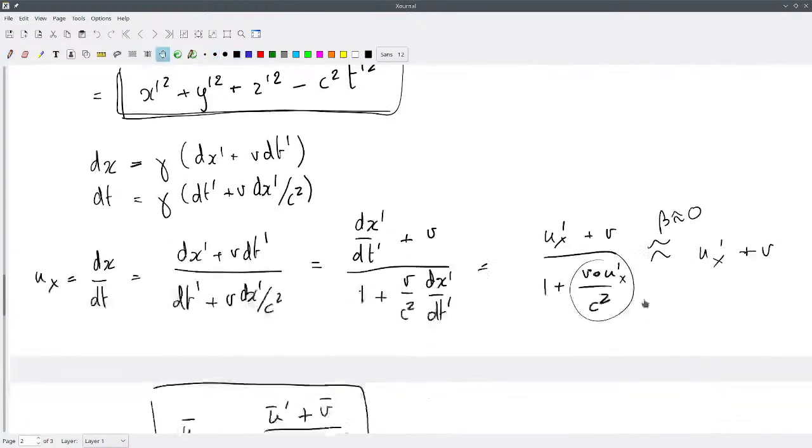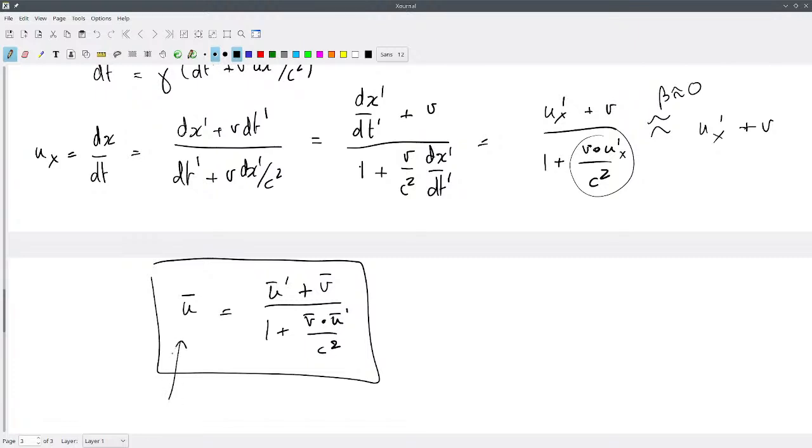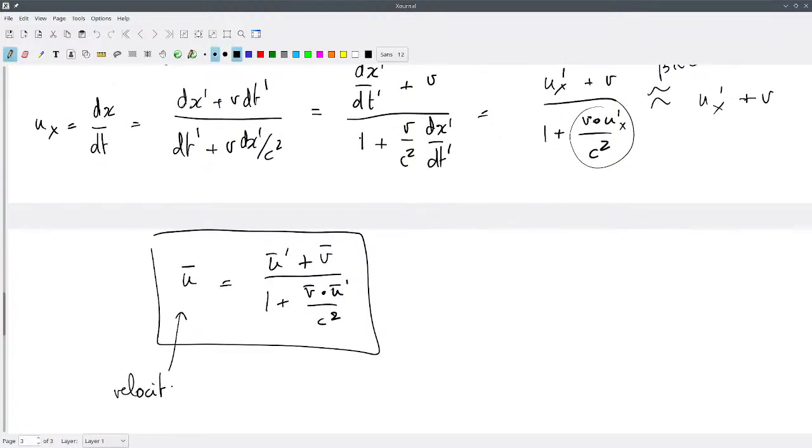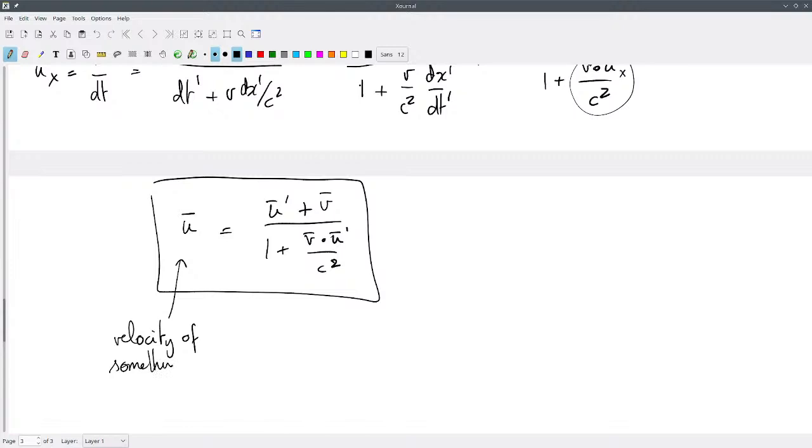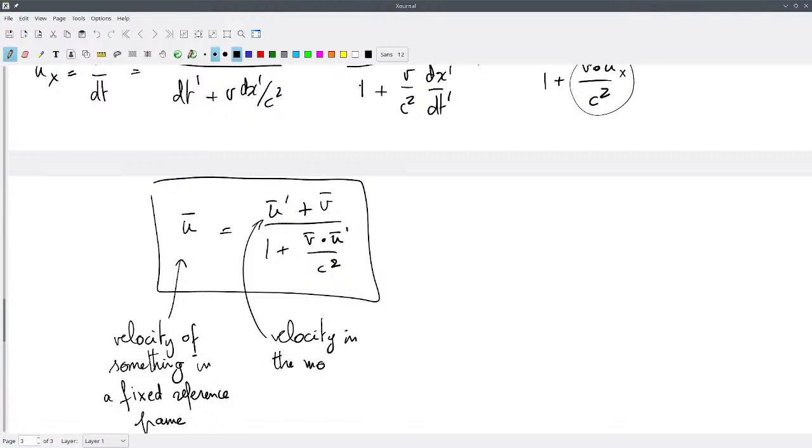So in the formula we derived here, just as a reminder, this is the velocity of something in a fixed reference frame, and u prime is going to be the velocity of that thing in the moving reference frame, and then of course they're connected with v.